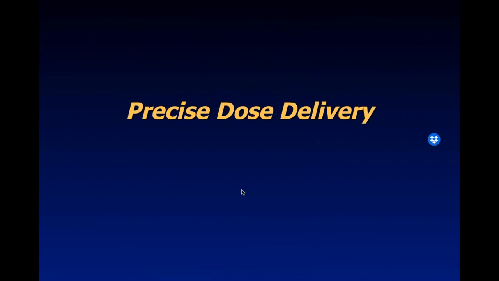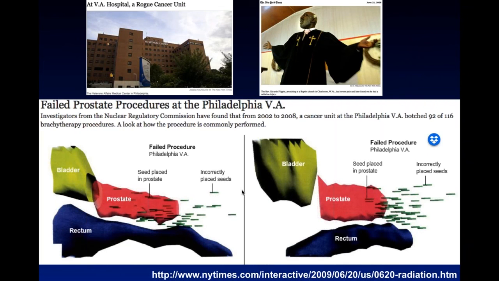So, precise dose delivery. Why does this matter? It matters because if you look at quality assurance in brachytherapy, there had been a fall off over the last several decades that was really popularized through this New York Times article that came out and really opened people's eyes to what was happening to brachytherapy at the Pennsylvania VA and the Philadelphia VA.